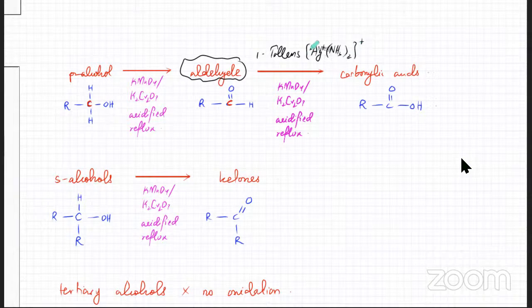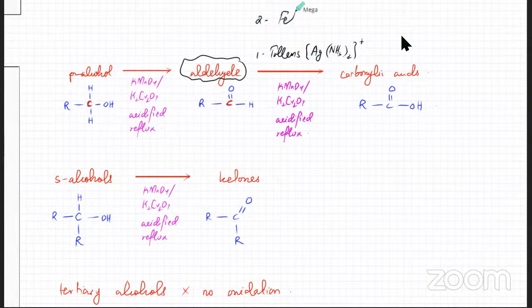This is a complex ion, which you don't really need to know at the moment. It contains Ag+ ions, and the result is that you get a silver mirror. And the second one is Fehling's.